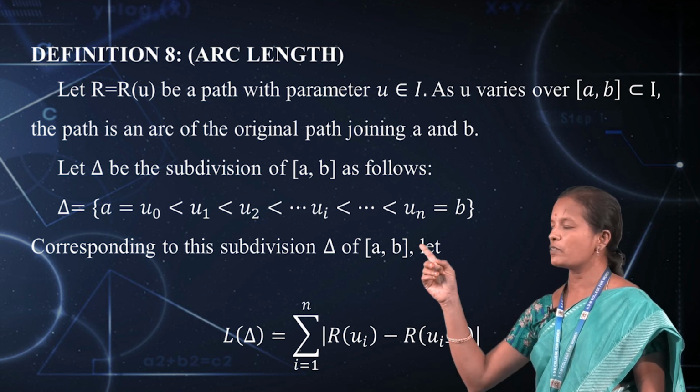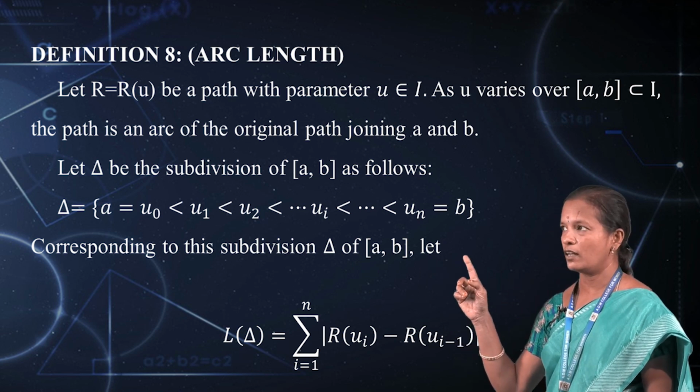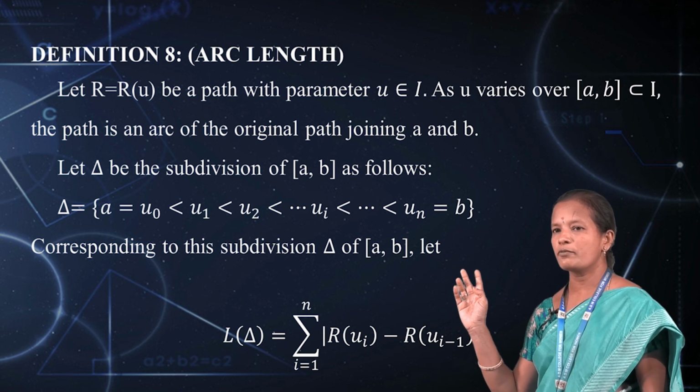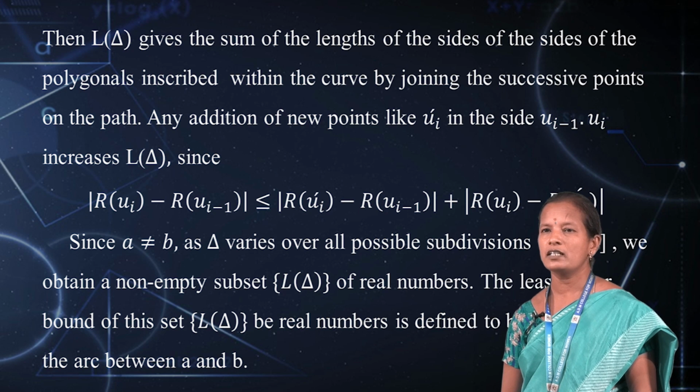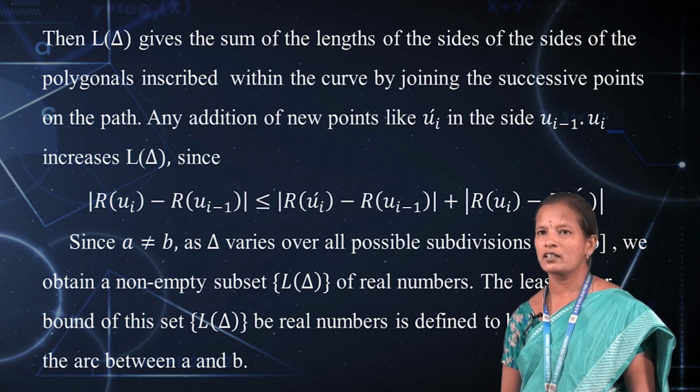Corresponding to this subdivision delta of AB, let L of delta equal the summation of modulus of R of ui minus R of ui minus 1. Then L of delta gives the sum of the lengths of the sides of the polygon inscribed in the curve by joining the successive points on the path.